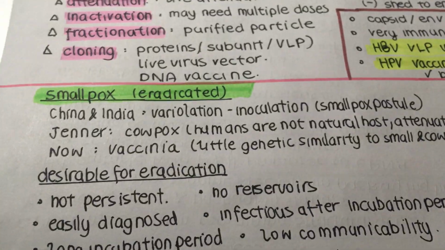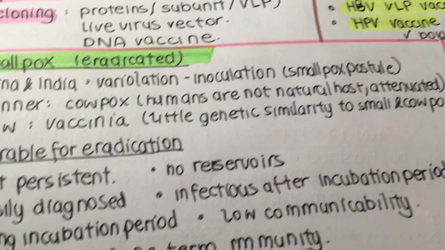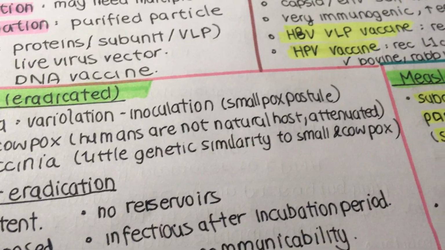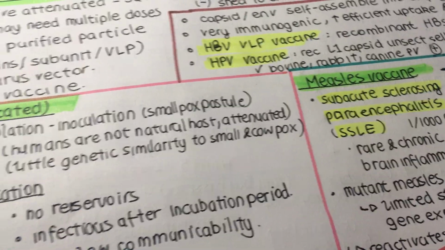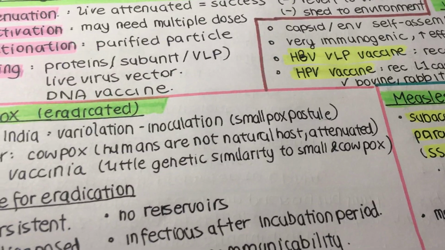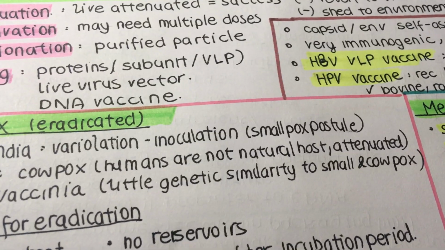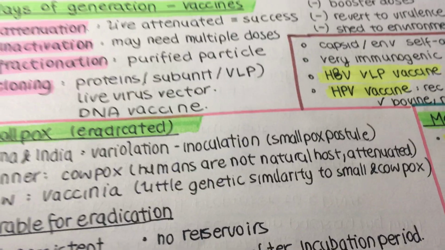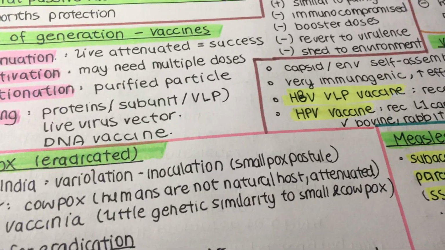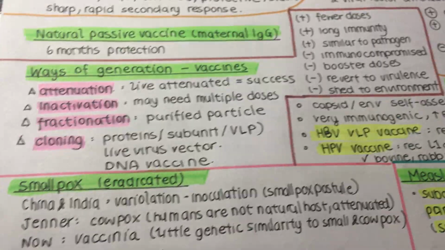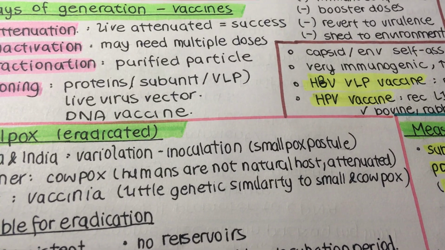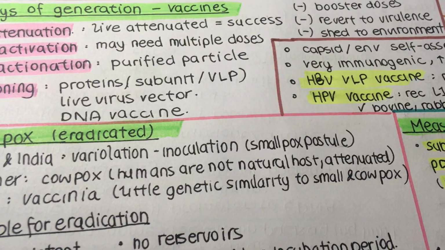And basically the vaccine for smallpox evolved. Firstly, we had variolation, inoculation of the smallpox pustule, and this was done in China and India way before the discovery of viruses. Then Jenner found that if you put cowpox into humans, then they gain protection against smallpox.